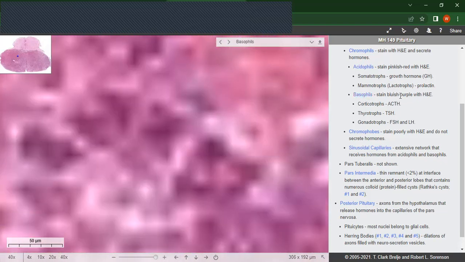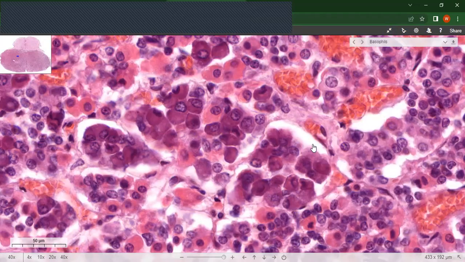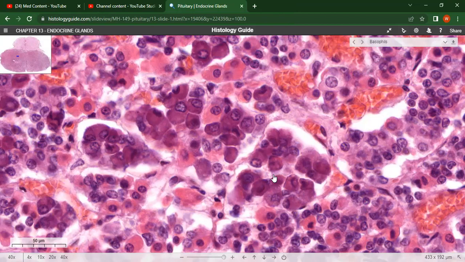They stain bluish purple. These ones, bluish purple. The basophils are of three types. We have thyrotrophs, corticotrophs, and gonadotrophs.